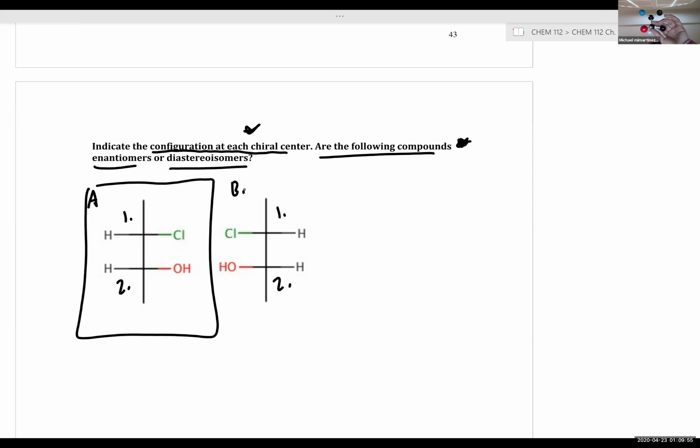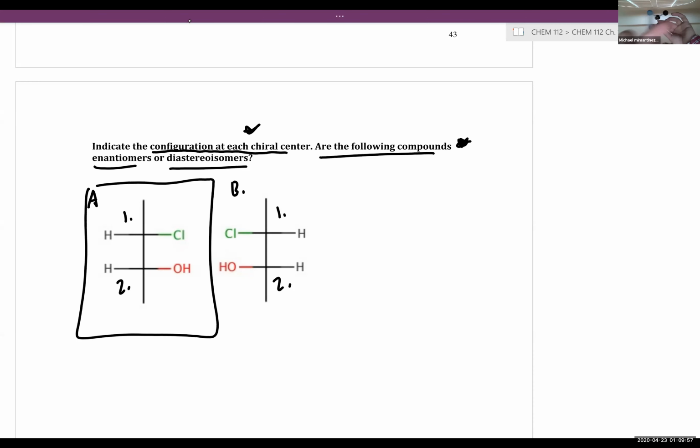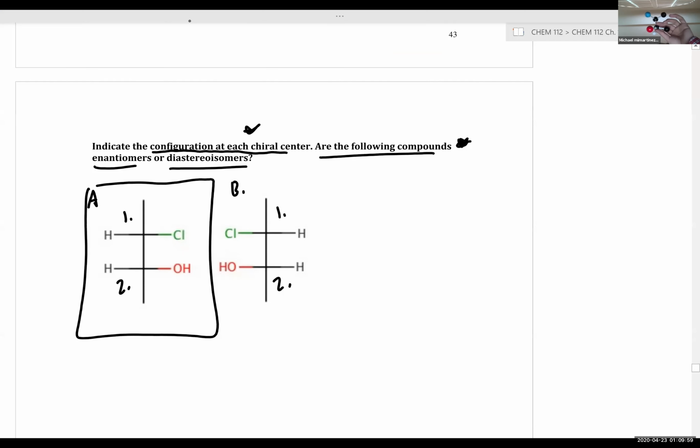And now all I'm going to do is draw what I see. Okay. So I have my methyl group on the right-hand side, my chlorine on the left, my alcohol on the left-hand side, and my other methyl group on the right-hand side, and both of the hydrogens are in the back.